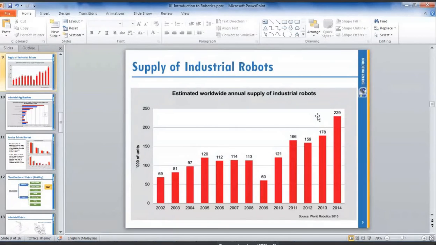Same like in the automation industry lah. The highest application of robots is in the automation industry. If you see Proton or any automation industry, you can see a line of robots doing spot welding, arc welding, MIG welding.